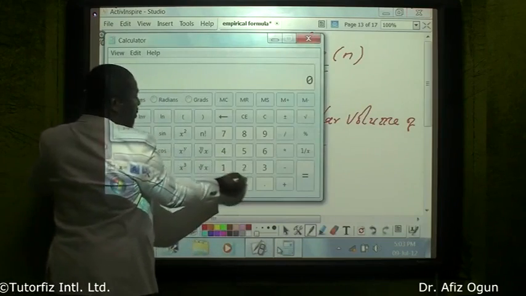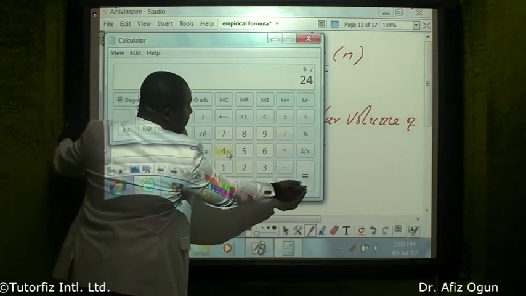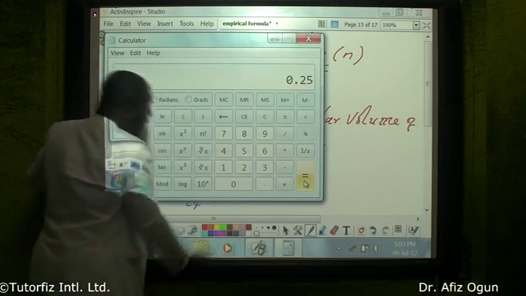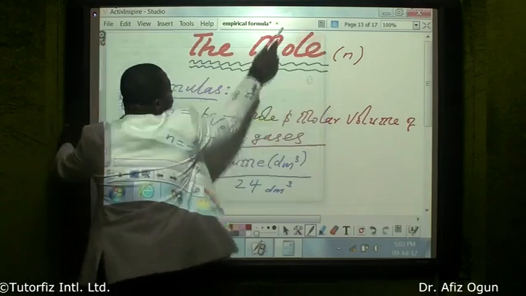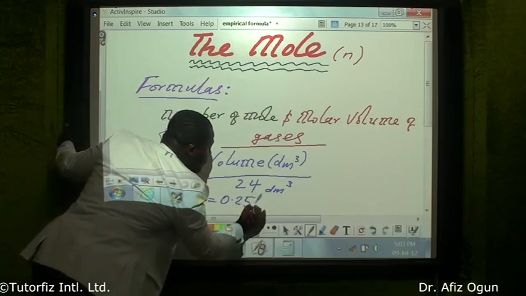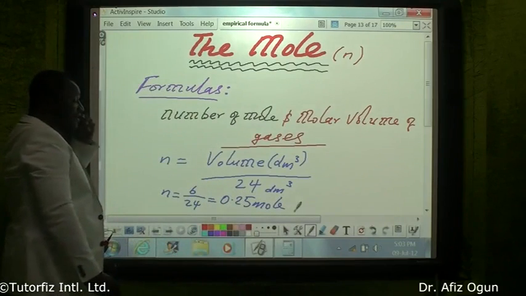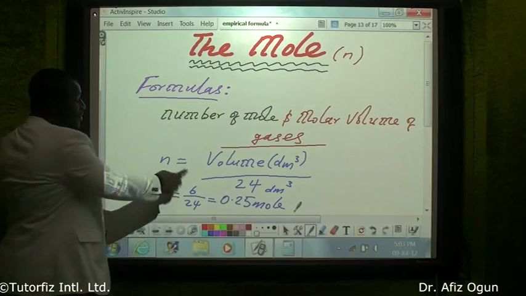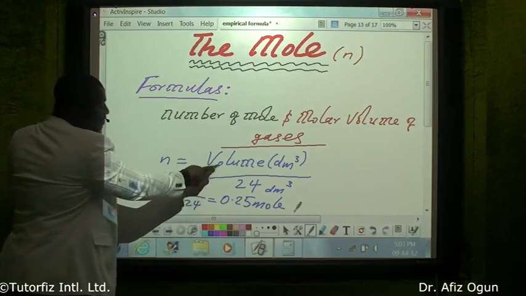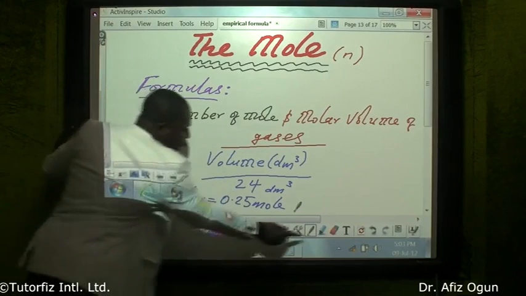It is 1 over 4, which is 0.25. So it equals 0.25 moles. You see how simple it is. As far as it is a gas, it must be this formula. The volume you are given, you divide by this.